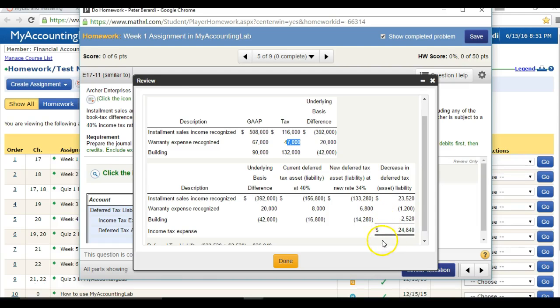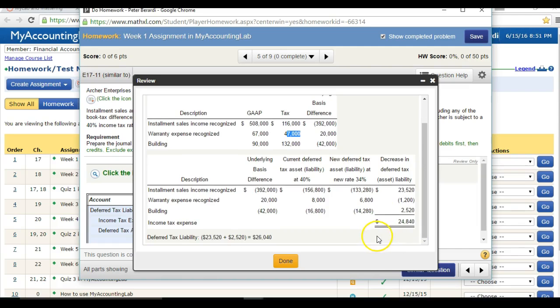So the income tax expense is $24,840. The deferred tax liability is going to be the $23,520 plus the $2,520 to give you $26,040. The change in the deferred tax asset is $1,200.